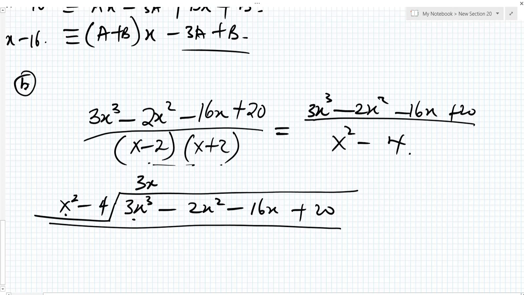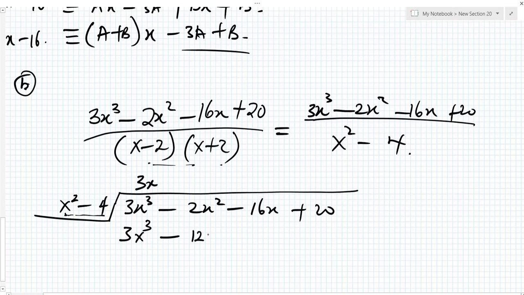So using this 3x to multiply the whole of this, 3x times x squared will give you 3x cubed. 3x times minus 4 will give you minus 12x. Minus 12x, it will not be 10. That will be minus 12x.